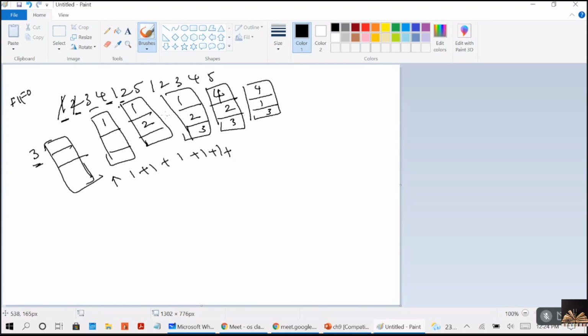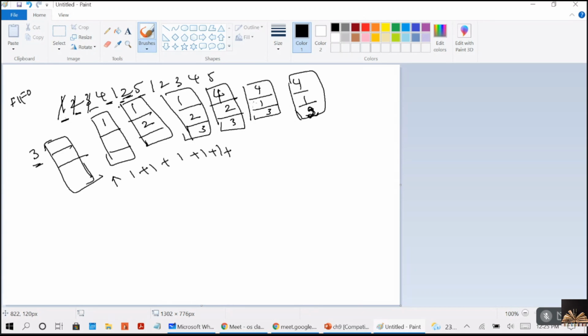Now it is asking for 2, so I have to replace. 3 is replaced with 2. Now it is 4, 1, 2.